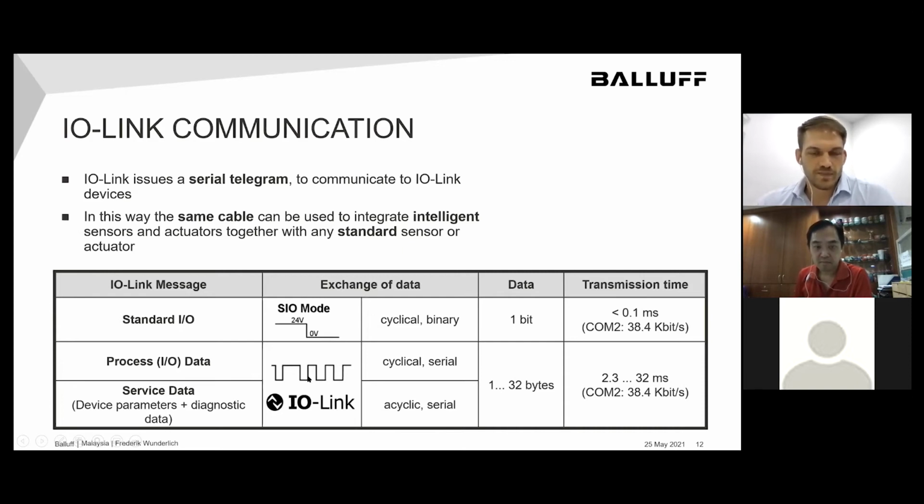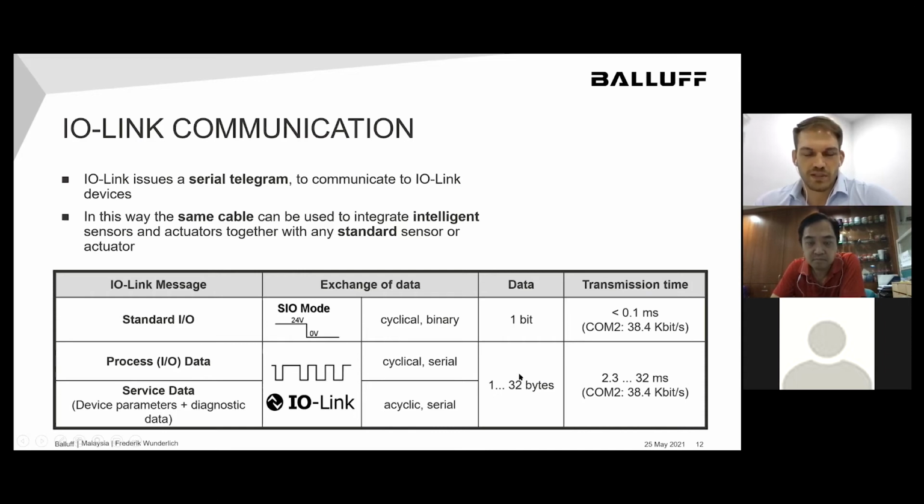By doing this smart communication, we can transfer additional information, not only 0 and 1, but we can actually transmit process data of the input and output, as well as, this is the most important part, service data. What do we consider as service data? For example, the device parameters and diagnostic data. So there's additional information that the sensor feeds back to the controller using IO-Link.